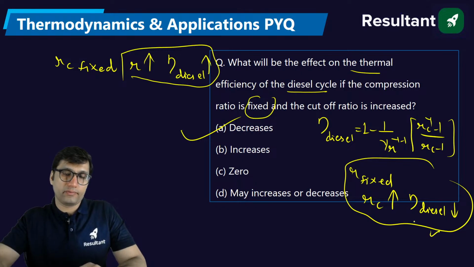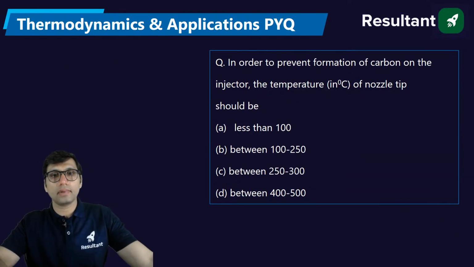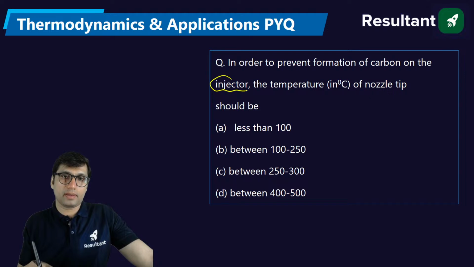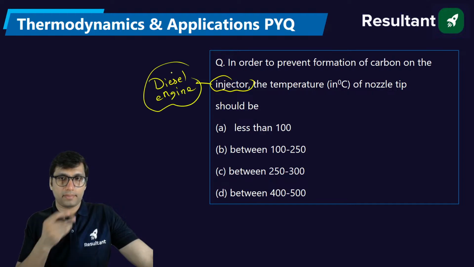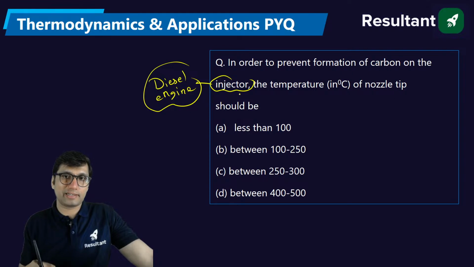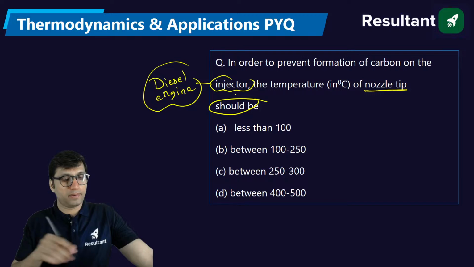relation with the efficiency. In order to prevent the formation of carbon on the injector, in the diesel engine we use the fuel injector. If you don't want carbon to be formed on the injector, then what should the temperature of the nozzle tip be?